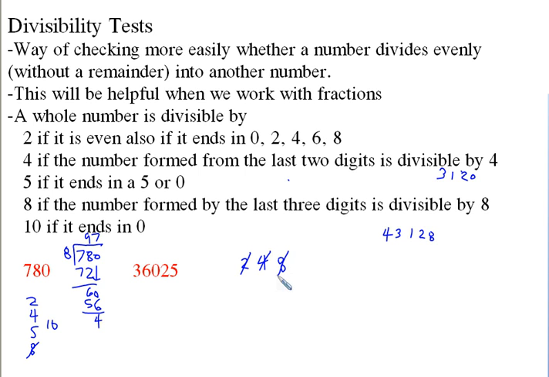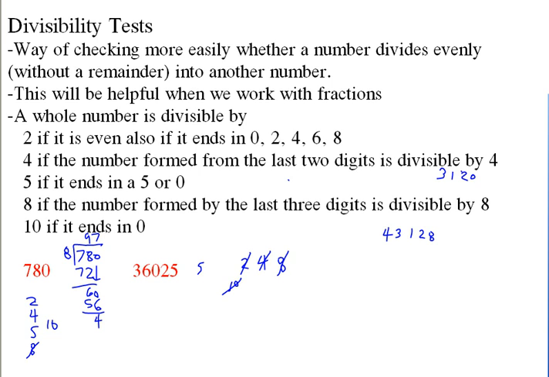And it's not going to be divisible by 8 either, because any number that's divisible by 8 is also divisible by 2. Is it divisible by 5? Does it end in a 5 or 0? You bet it does, because all we look at is that last digit. Is it divisible by 10? It doesn't end in a 0. So no, it's not divisible by 10.